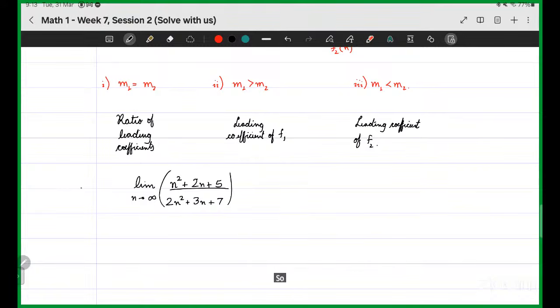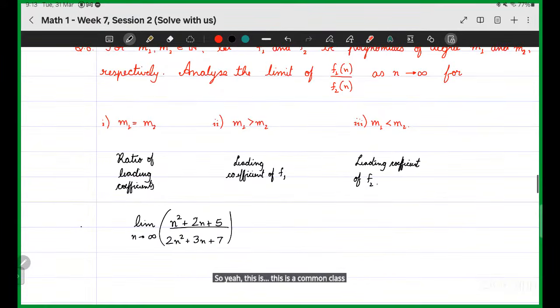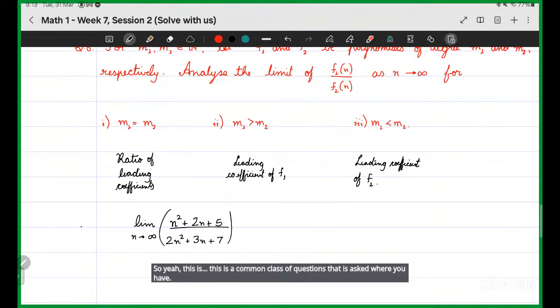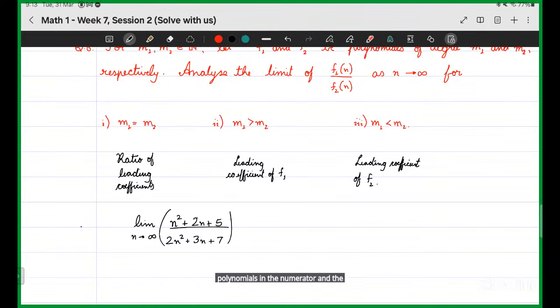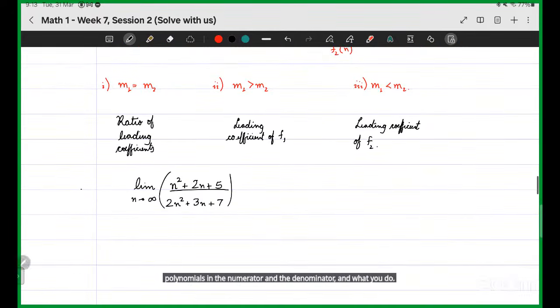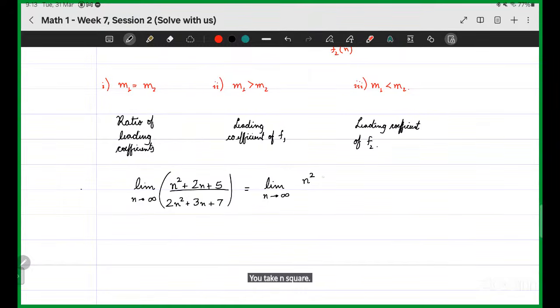So this is a common class of questions that is asked, where you have polynomials in the numerator and the denominator, and you take the limit as n tends to infinity. You take n square, or whatever the degree of the polynomial is, as common.